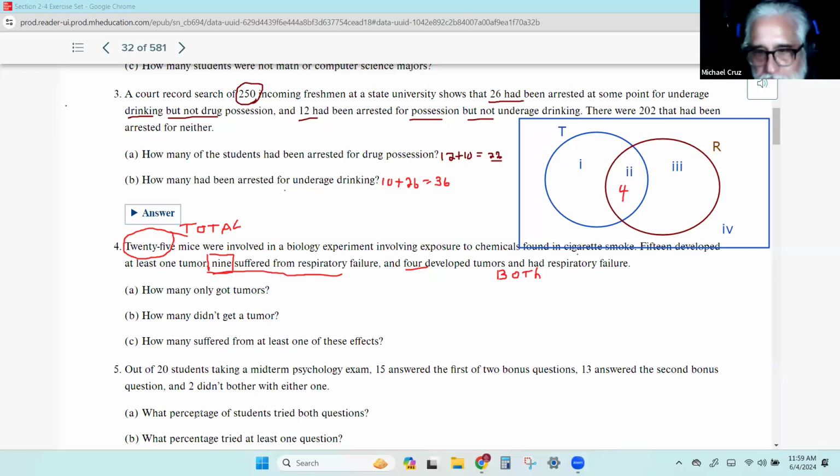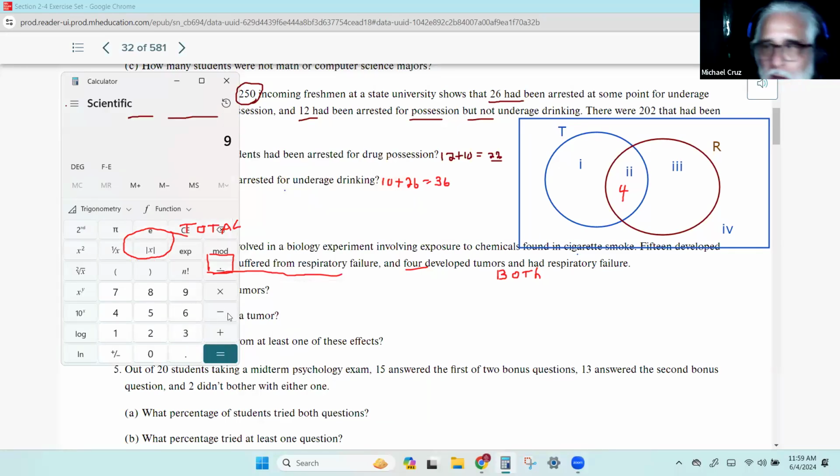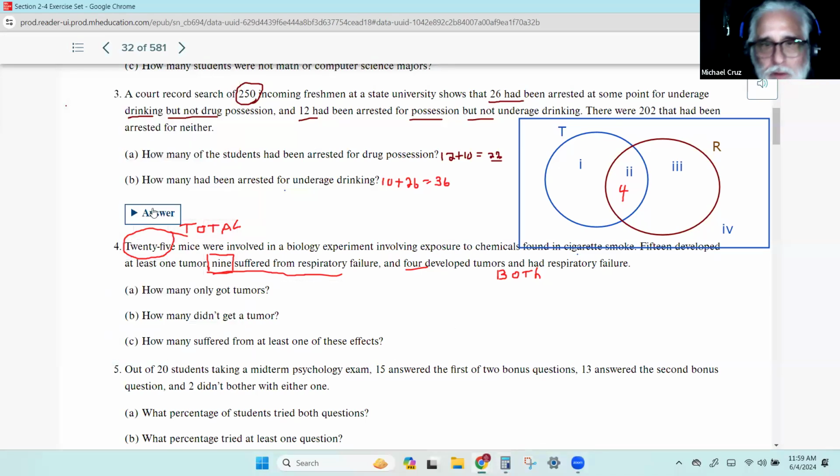So again, this is what the calculator is for. We're going to start out with 9 because 9 is going to be the total for the brown circle, and there's already 4 in it. So then 5 goes out here. On this one, it's 15, at least one tumor.